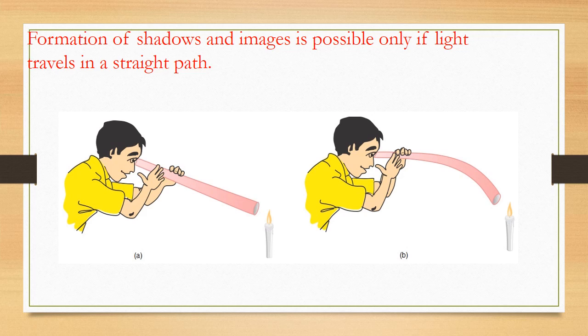This suggests that light travels only in a straight path. That is the importance of this light. Light travels in a straight line. You can observe the images clearly if light is traveling in a straight path.